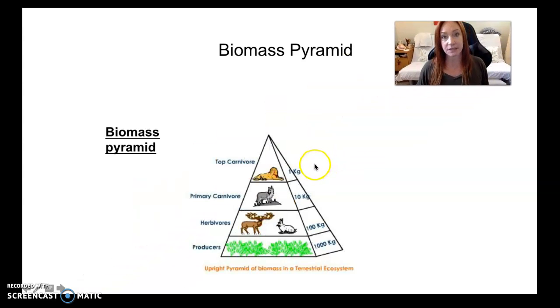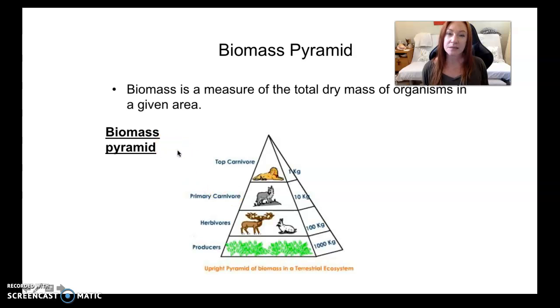Biomass pyramids are a little different, but we still see the same trend. An ecosystem can only support so many animals at each level. And when we just look at how much organisms weigh total in an environment, that also follows that same 10% rule.